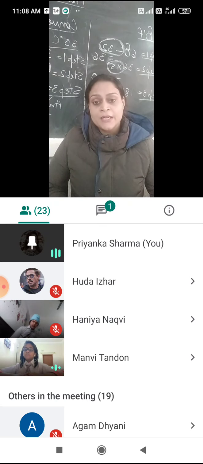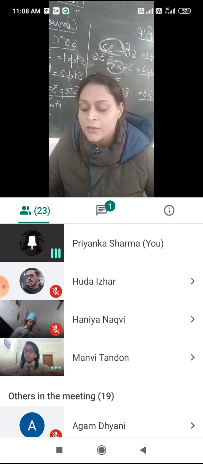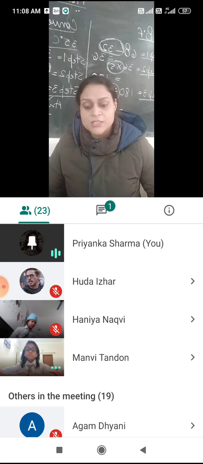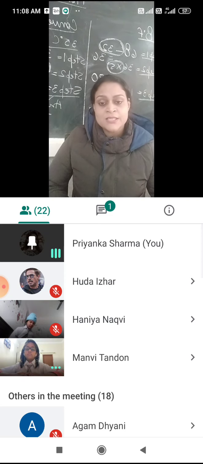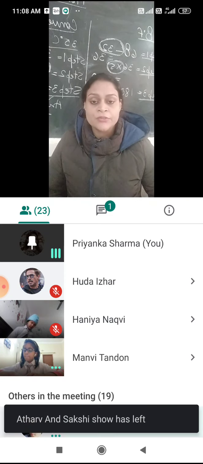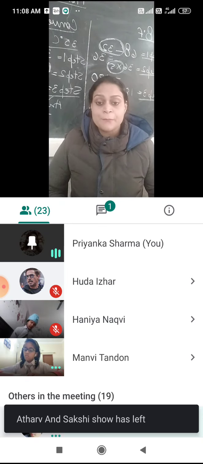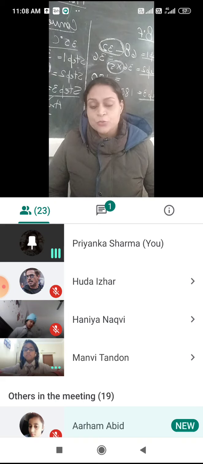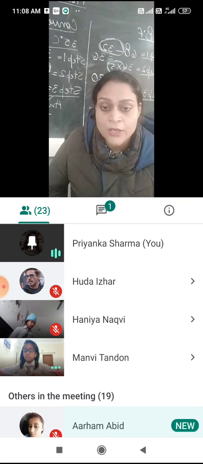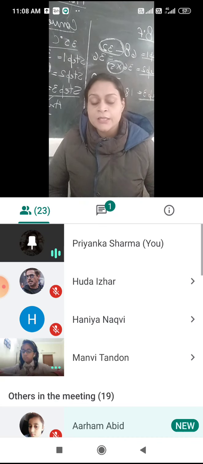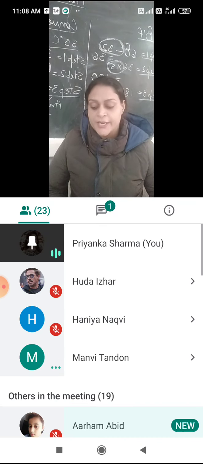You have already underlined the definitions. Read again. Objects that allow light to pass through them are called transparent objects. We can see through them clearly. Glass and clear plastic are transparent objects. These are the examples, very important. Objects that do not allow light to pass through them are called opaque objects. We cannot see through opaque objects.